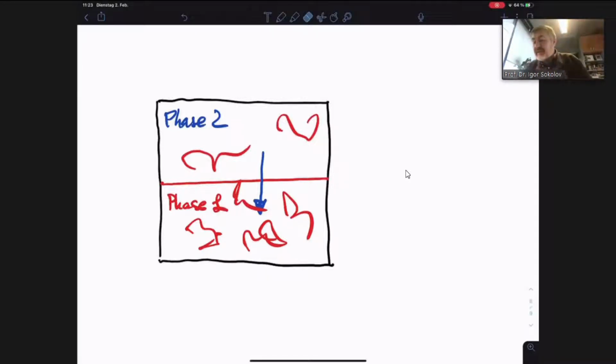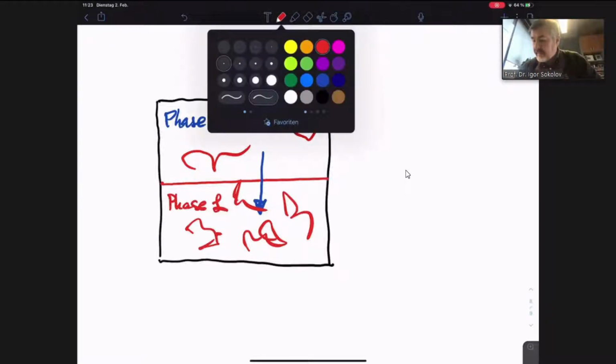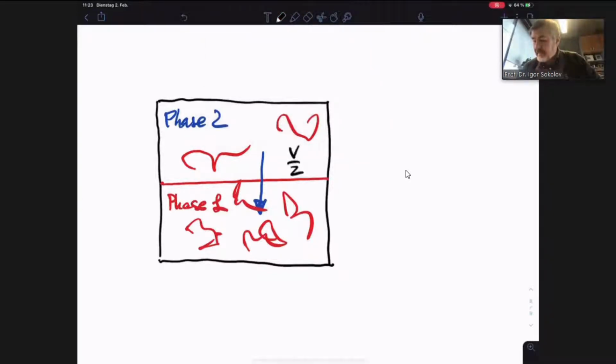The total number has to be conserved. Now, as my reference situation, simply to keep things simple, because I'm looking for conditions where a whatever other situation is better than a homogeneous solution, I say that the volume of this guy is V half, and the volume of this guy is V half, which means the number of sites in the first half and the number of sites in the second half are the same.